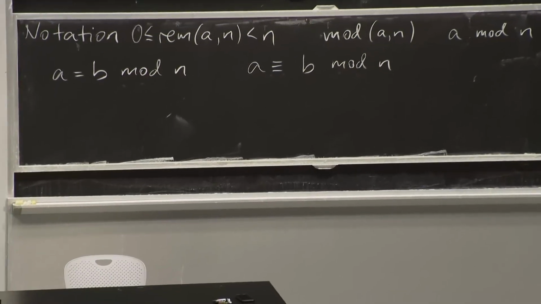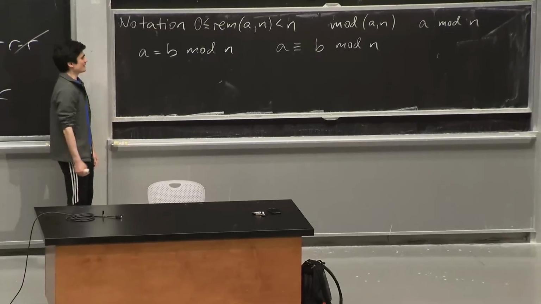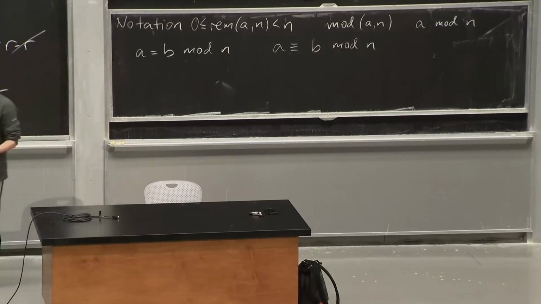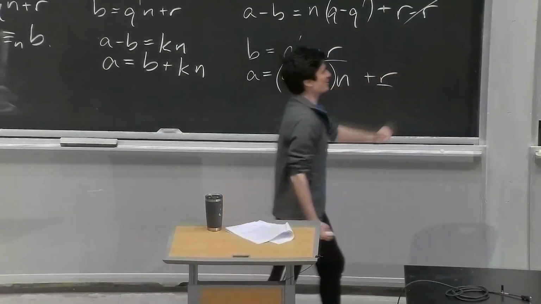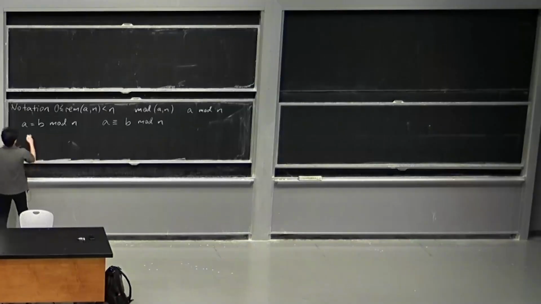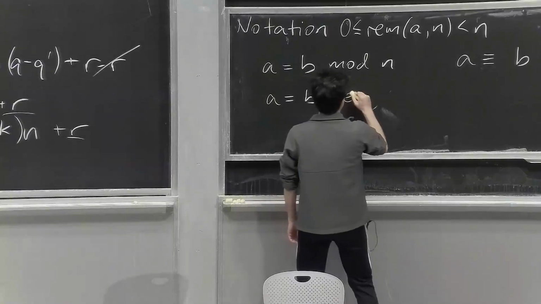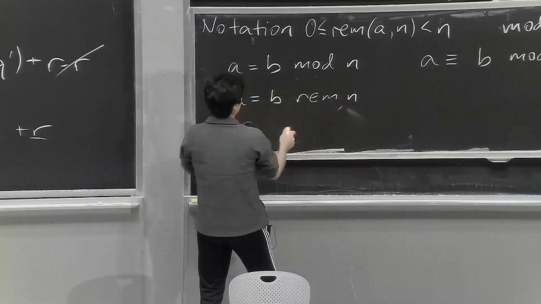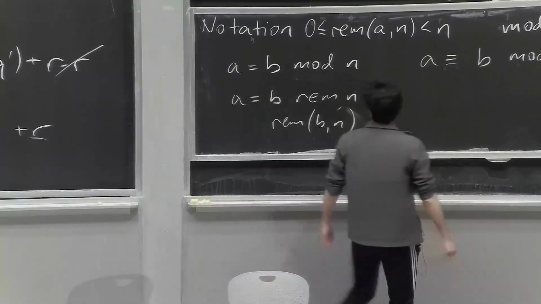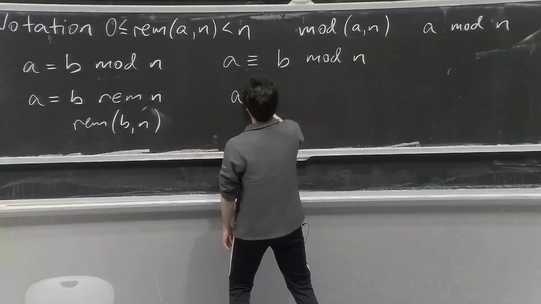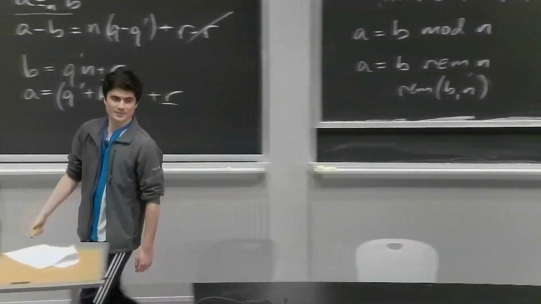So this is saying that a is actually equal to the one value that you get when you divide b by n and take the remainder. So these mean different things. It is going to be much less confusing if you use a equals b rem n, or in prefix notation rem(b, n) for the left one, and a congruent mod n to b for the right one.